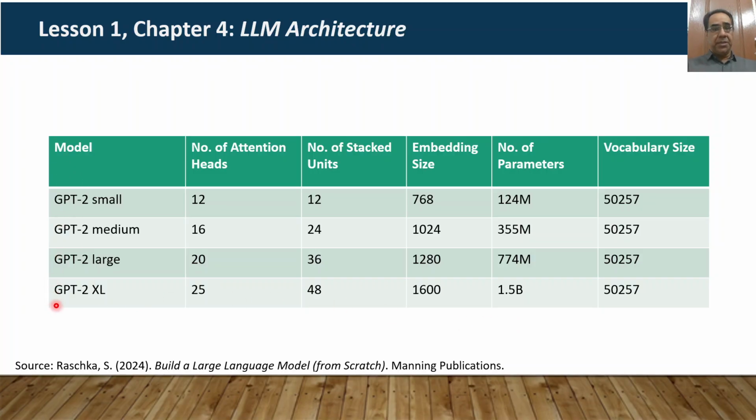GPT-2 can be implemented in 4 different sizes depending on our needs. The system parameters according to these model types are shown here in this table: number of attention heads, number of stacked units, embedding size, number of parameters, and vocabulary size.